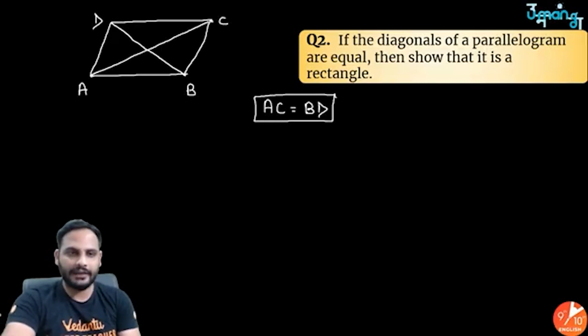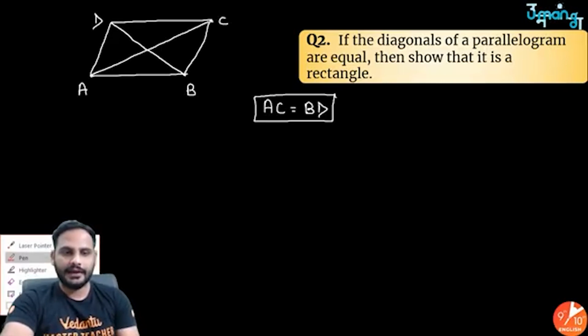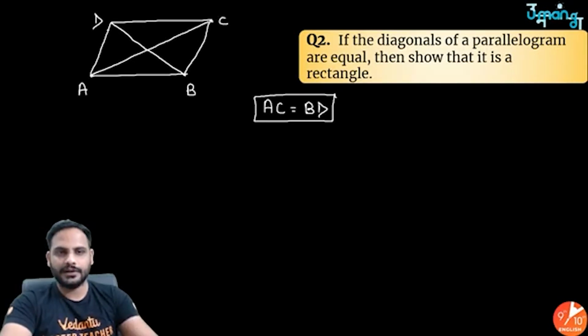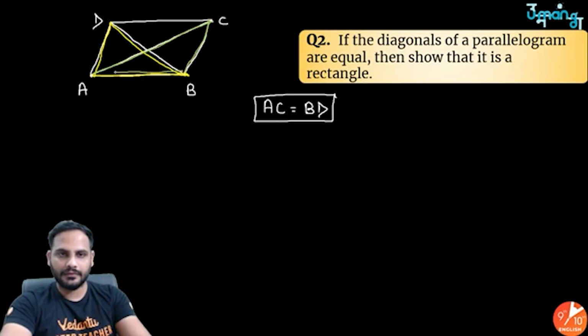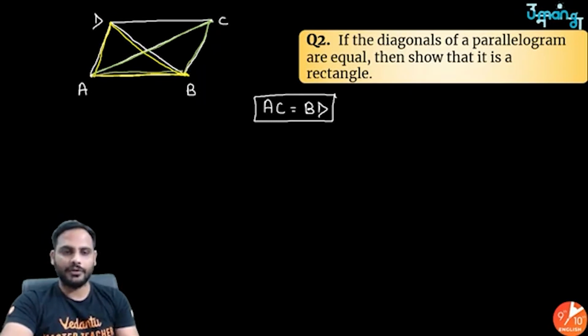So what I will do, I will take two triangles. One is your triangle ABD, and the other triangle will be your triangle ACB. Let's talk about these two triangles.